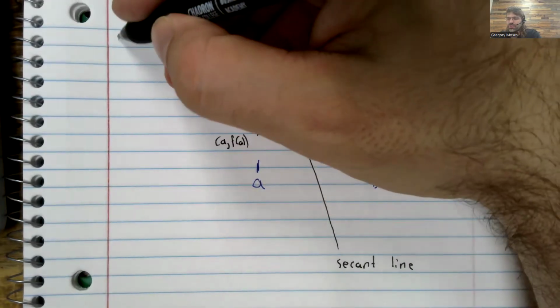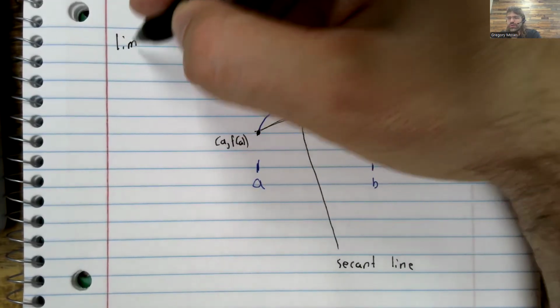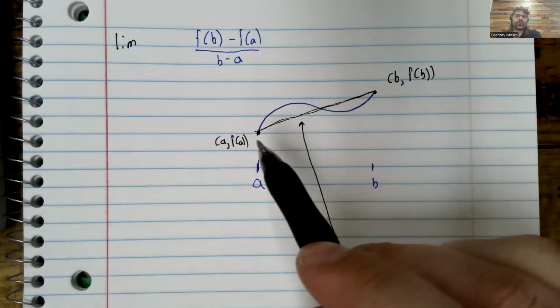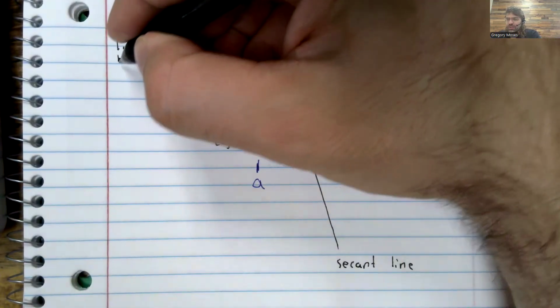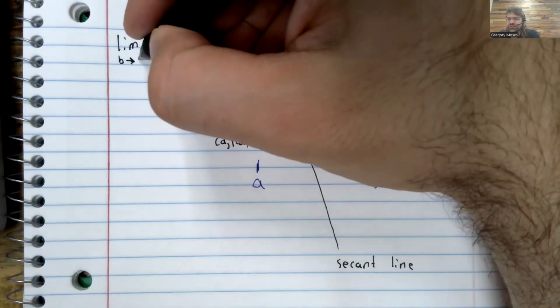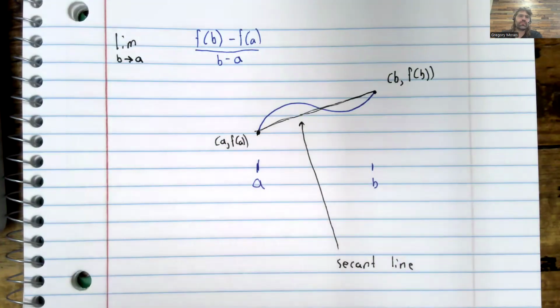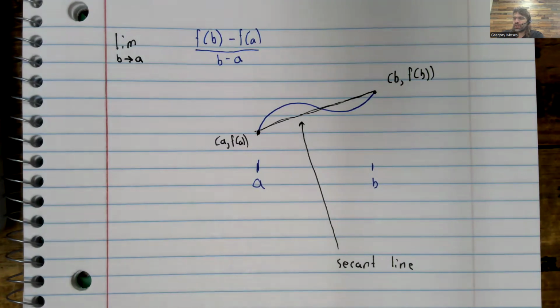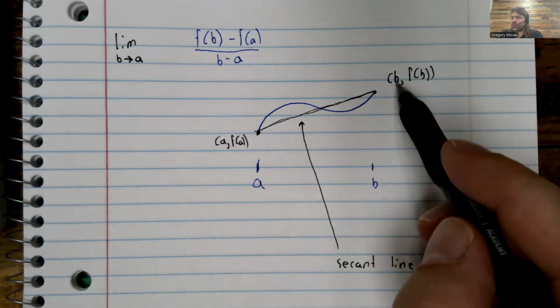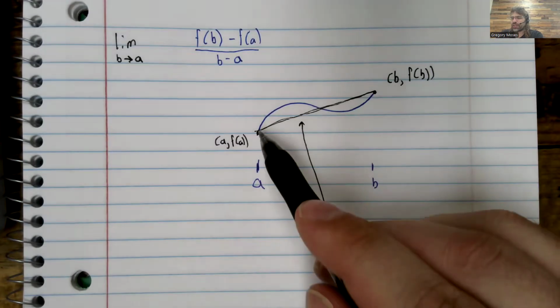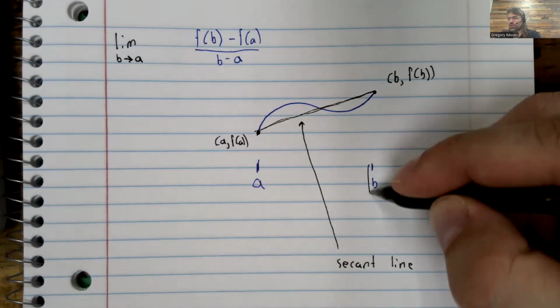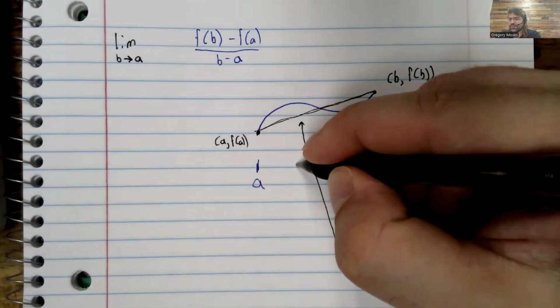But what happens if you go from the average rate of change on an interval to the instantaneous rate of change at A? What happens if you let B get closer and closer to A?